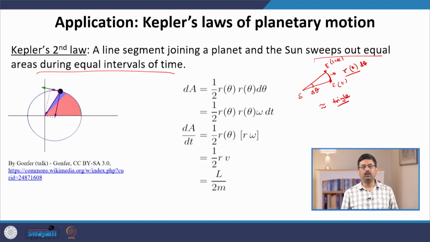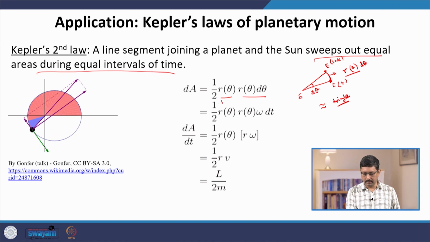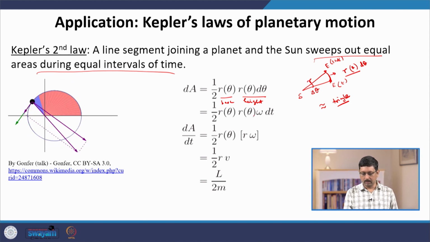So, we can use the formula for the area of a triangle, half times base times height. This is the base and this is the height, and so this is r, and you get half times r times d theta.